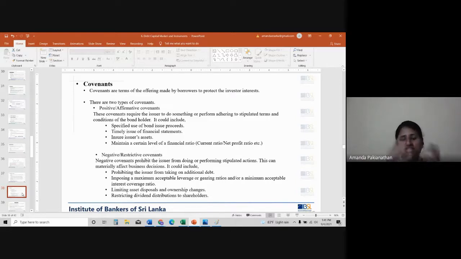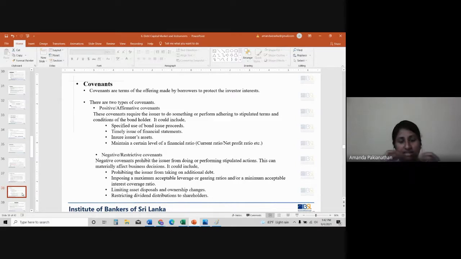If a covenant says you cannot breach the interest coverage ratio, then it becomes a negative covenant. If the covenant says, maintain the interest coverage at this particular rate, or the minimum ratio expected is this ratio, then they want you to act in such a way that the minimum is always maintained.